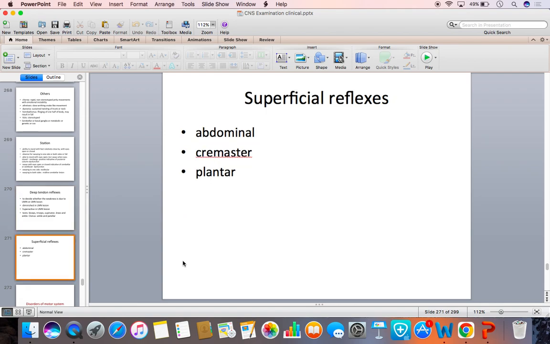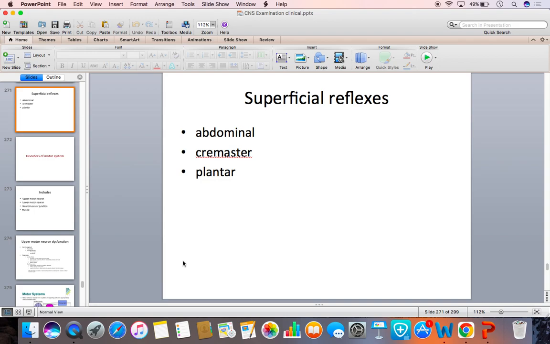Superficial reflexes you test are abdominal, cremasteric, and plantar. For abdominal reflexes, you test the upper abdomen and lower abdomen. Abdominal superficial reflexes are absent in upper motor neuron lesions like pyramidal lesions, and plantar will be extensor.